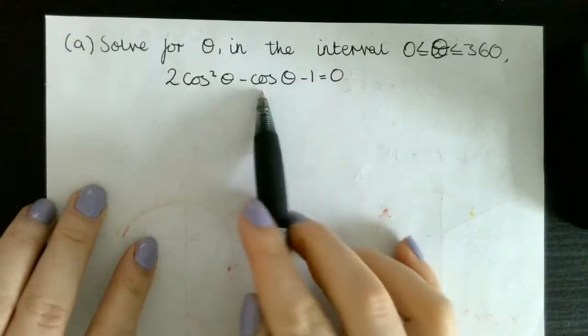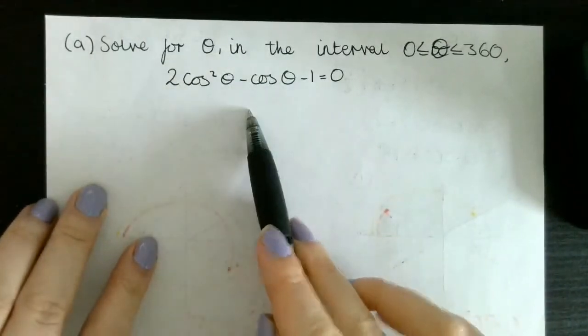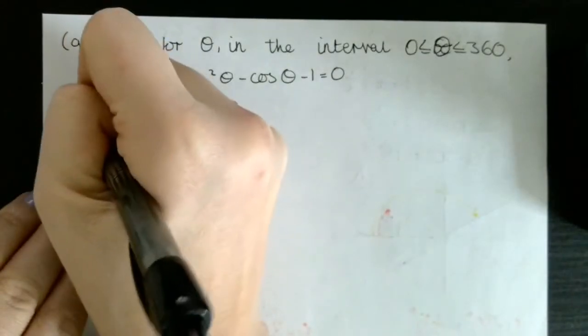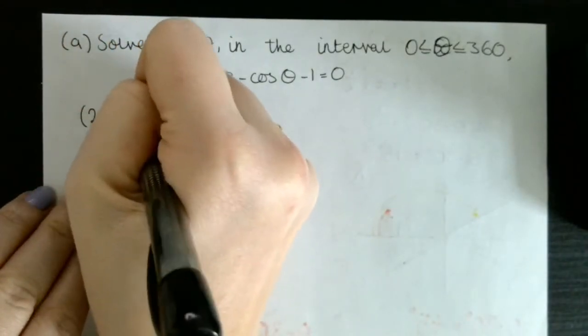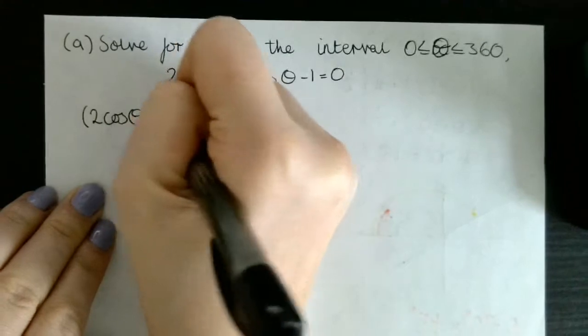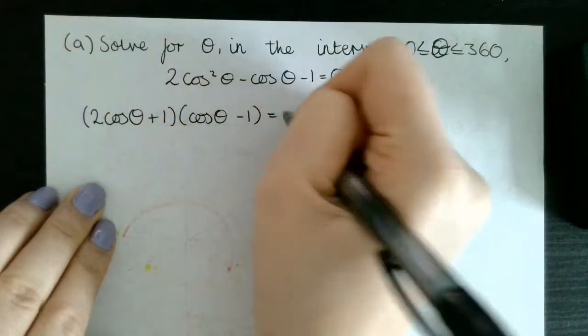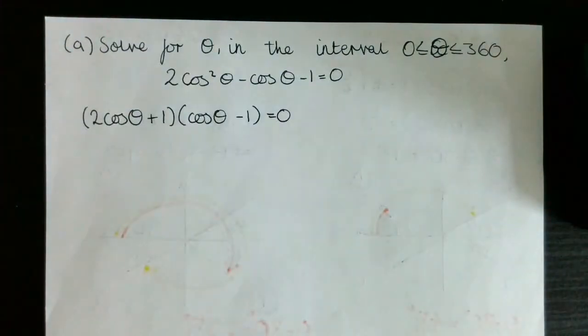Now, first of all, we've got here a quadratic in terms of cos theta. This actually factorises to 2 cos theta plus 1 and cos theta minus 1 equals 0.